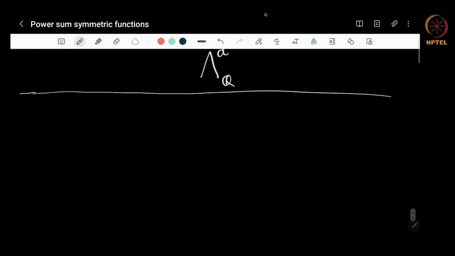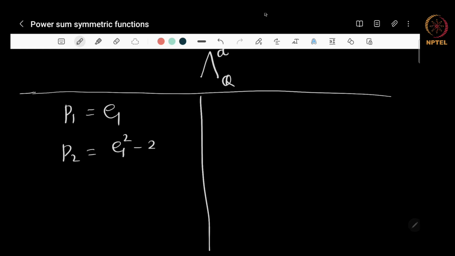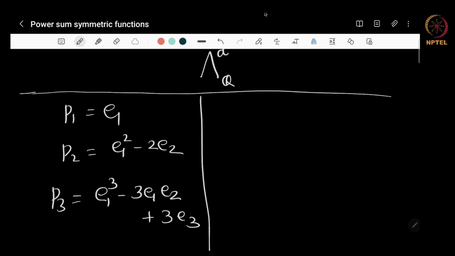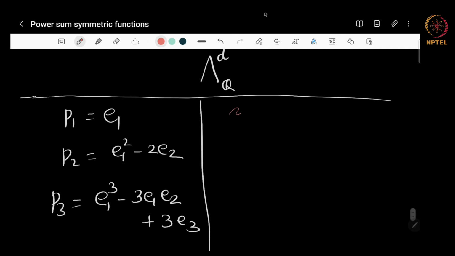So let's just write the equations out. For P and E, the equations are like this: P1 equals E1, P2 equals E1 squared minus 2E2, P3 equals E1 cubed minus 3E1E2 plus 3E3.